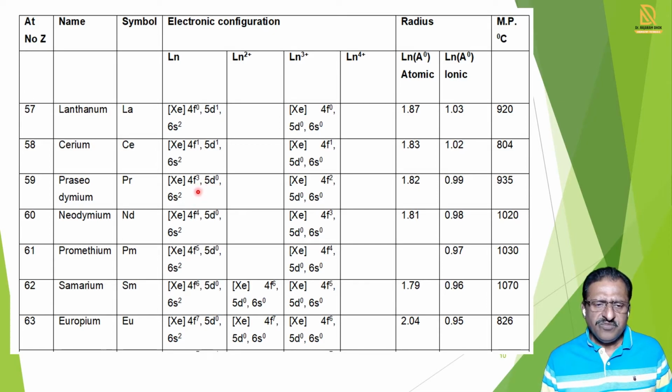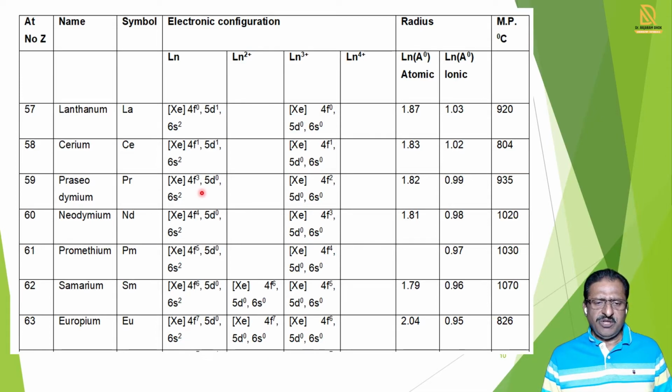Now see here, in praseodymium the 5d does not contain any electron, and instead electrons are filled in the 4f orbital, so here the electronic configuration is 4f3 and 5d0.